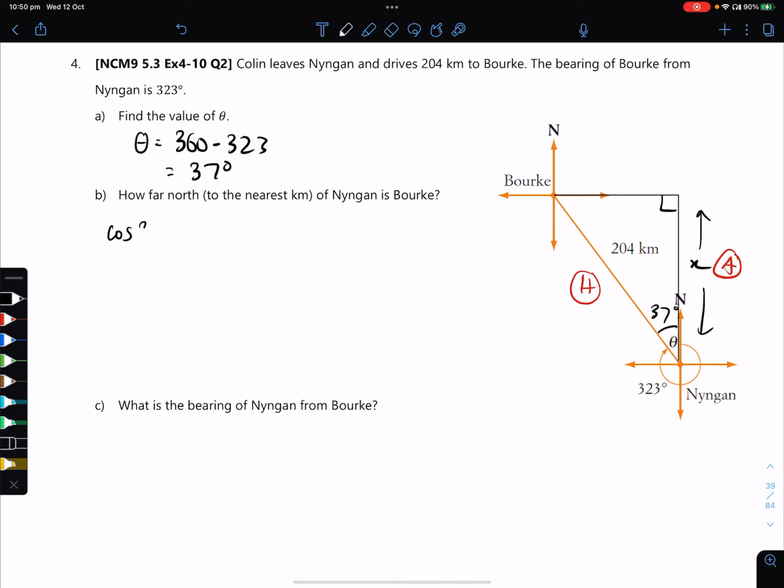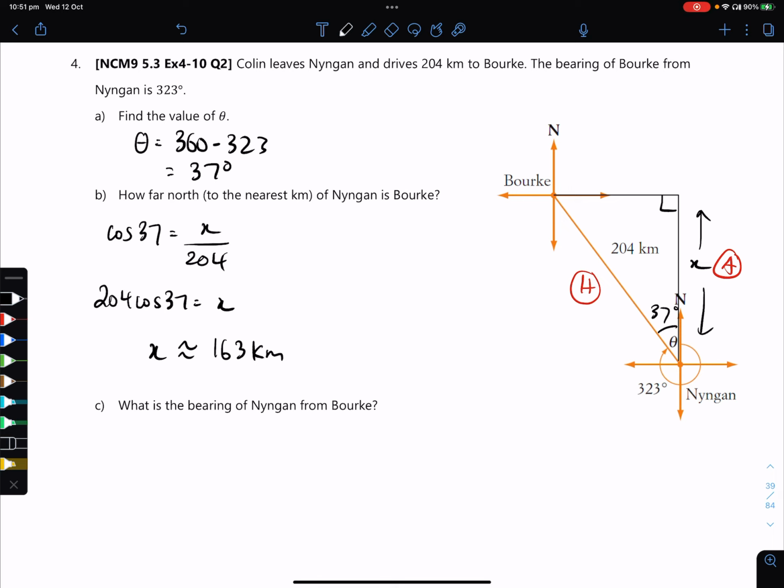So cosine 37 is equal to x over 204. If we multiply 204 over, we get 204 cosine 37 equals x. So 204 cosine 37 is roughly, to the nearest kilometer, 163 kilometers.